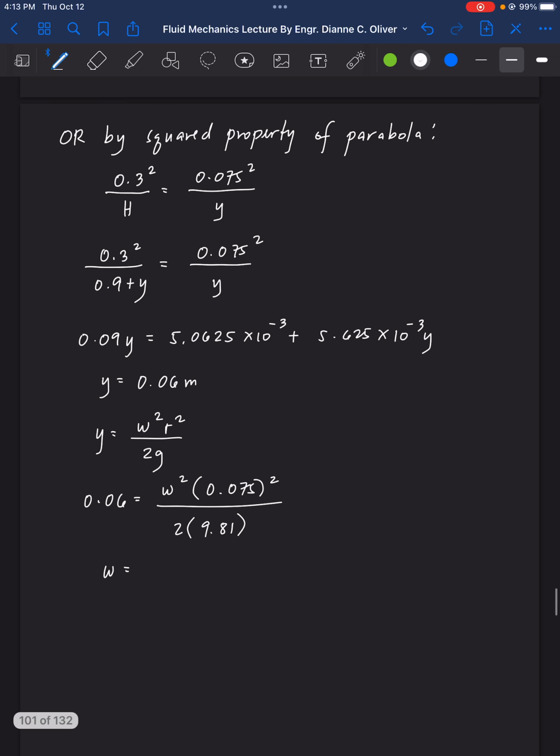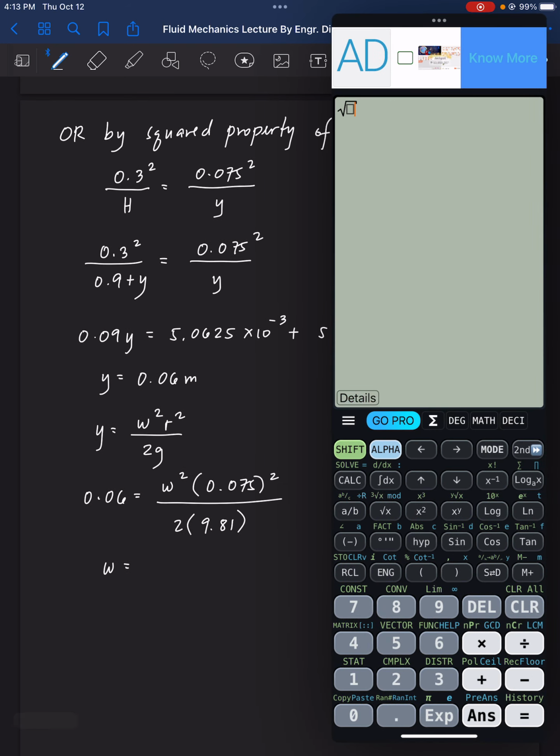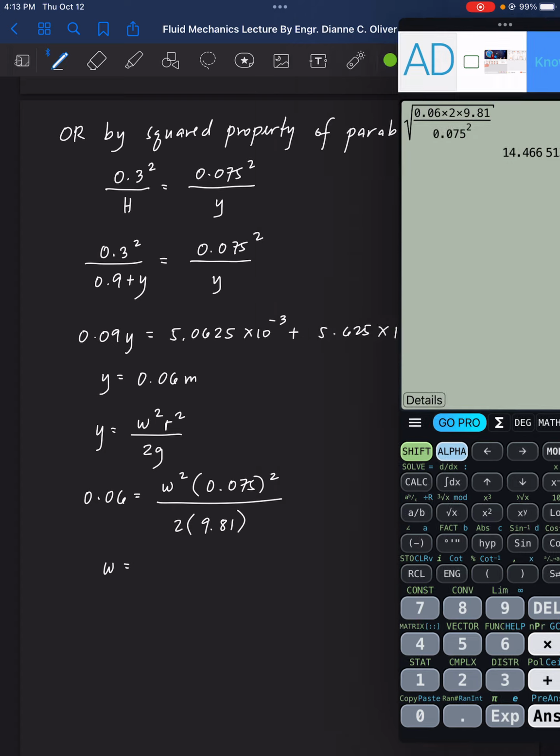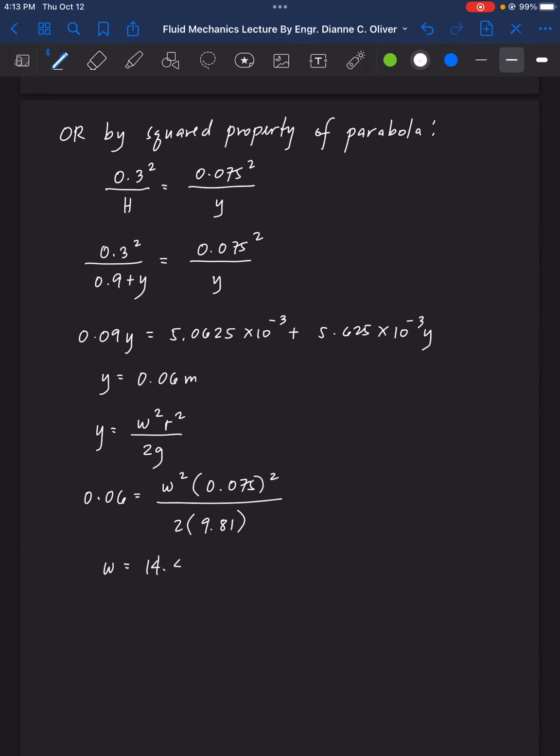So omega now is equal to the square root of 0.06 times 2 times 9.81 over 0.075 squared, 14.47 rad per second.